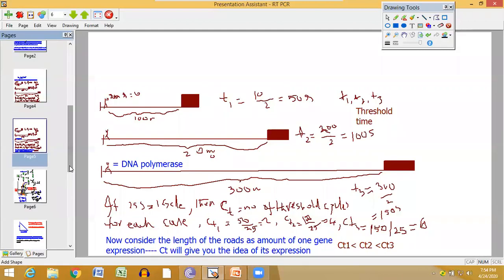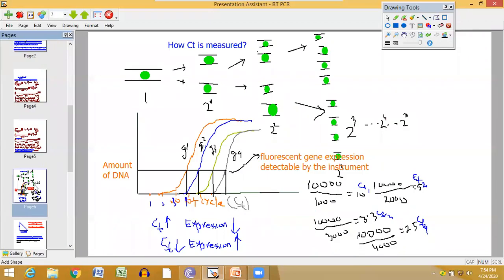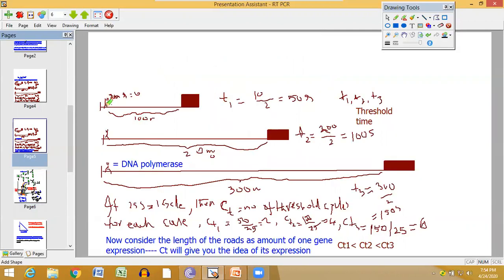Okay, now move to the actual real-time PCR. How is CT measured and what happens? In real-time PCR, everything goes on in the machine, and the machine has no brain. In the previous slide, there was a person who could take the reading by a time clock because he knows when it is starting and when he is finishing.